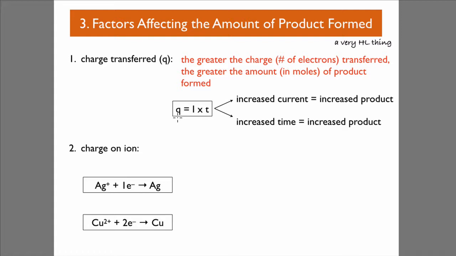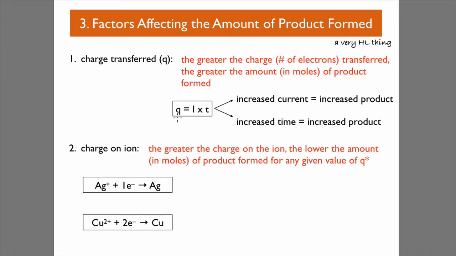The charge on the ion also affects the amount of product formed. The greater the charge on the ion, the lower the amount in moles of product formed for any given value of Q. And you kind of just saw that in previous examples. If we're calculating moles of silver here, it's a 1-to-1 ratio when converting moles of electrons to moles of silver.